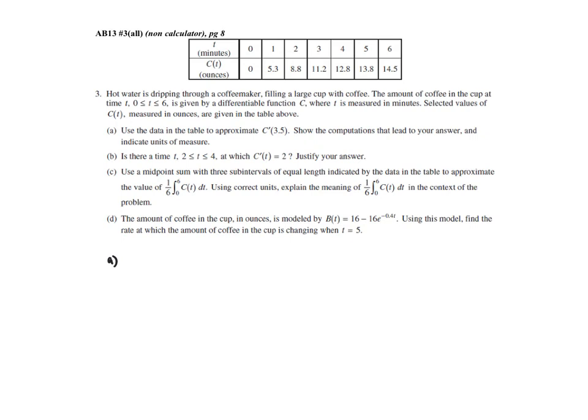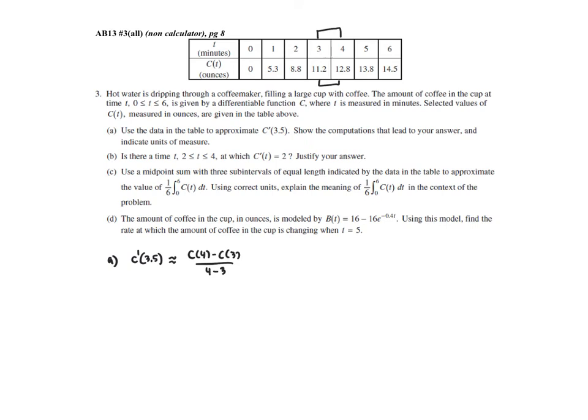So what I could do, and what would make the most sense, is to take the average rate of change from 3 to 4. So C prime at 3.5 is approximately equal to C at 4 minus C at 3 over 4 minus 3. It's just the average rate of change of the number of ounces of coffee in the cup from time 3 to 4.